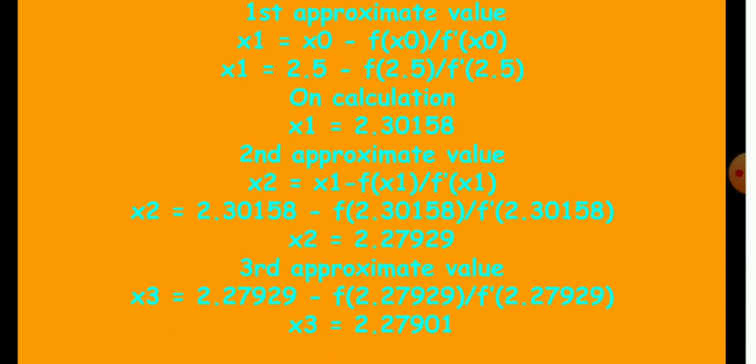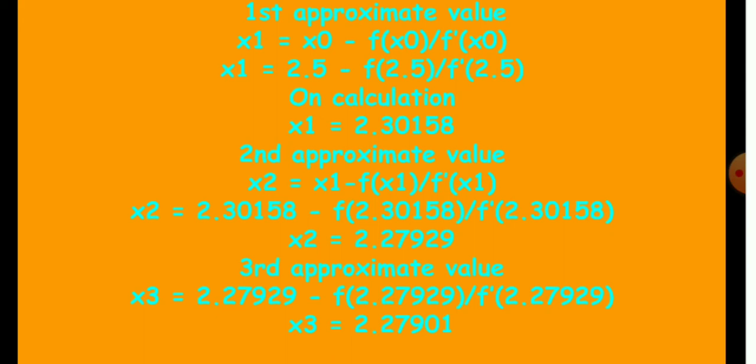Substituting the value of x1 equals 2.30158 in f(x) equals 2.30158 whole cube minus 3 into 2.30158 minus 5, we get x2 equals 2.7929.